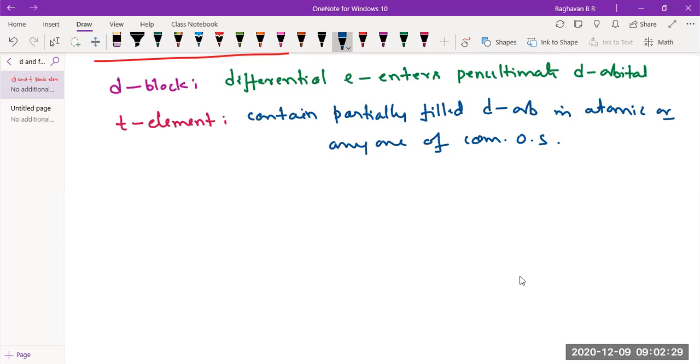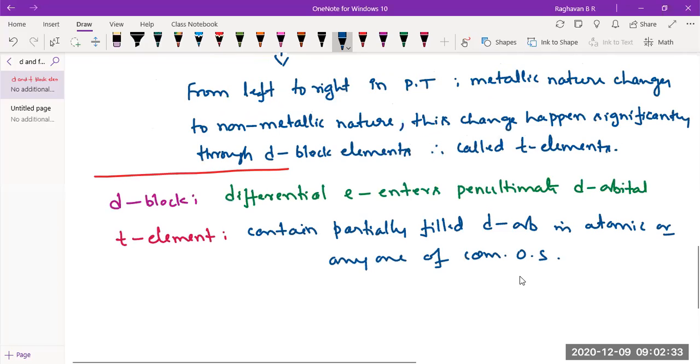Okay. So now we shall analyze these statements with some suitable examples. I'll go to the next page.